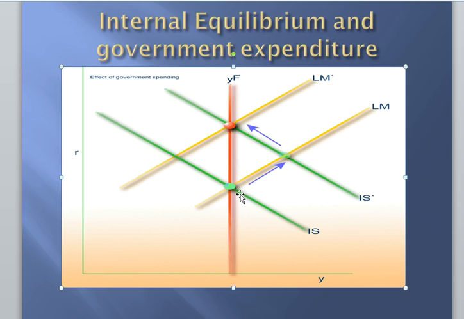That is, IS shifted rightward to IS dash, then LM shifted leftward to LM dash, creating a new equilibrium at YF, with a rise in the interest rate.